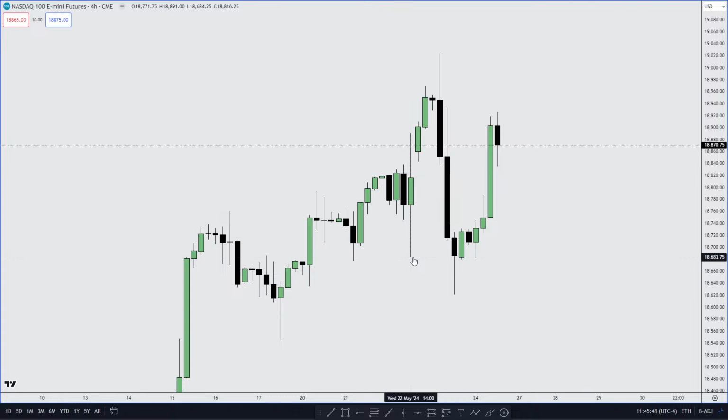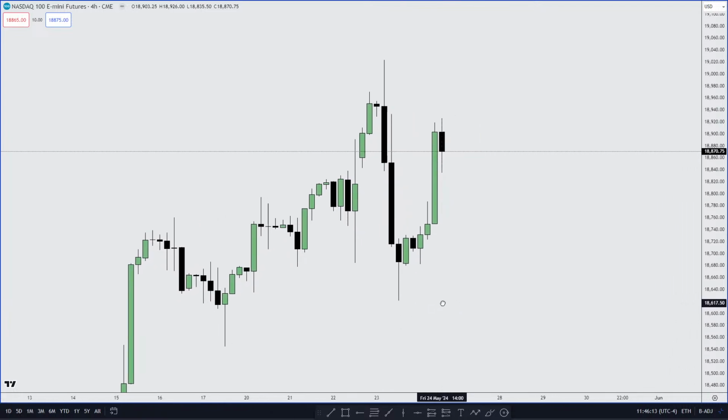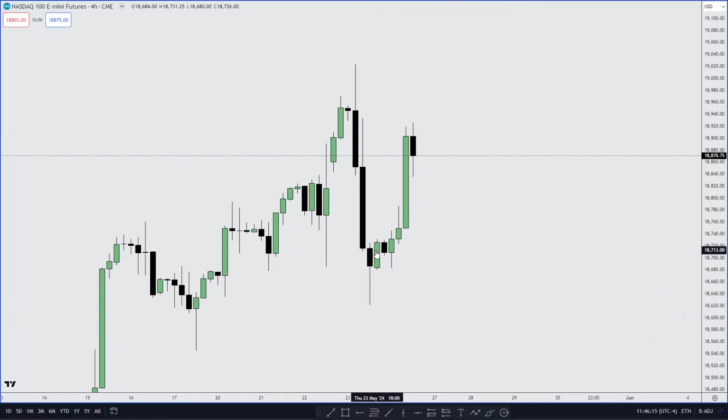Although we were not able to close below it, we have this huge fair value gap displacement. Because I was looking for lower prices, I was trying to short within this fair value gap right here, and it did not work out in the end. That is the tricky part about Friday last week.